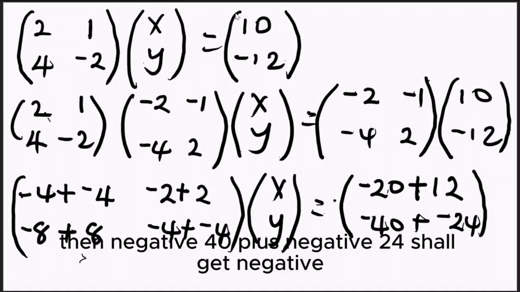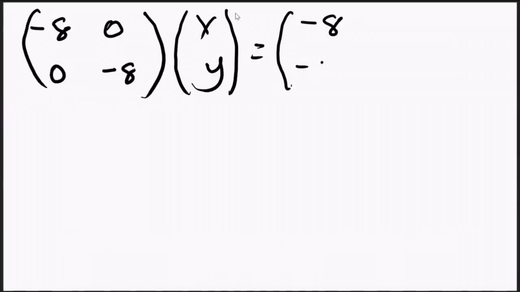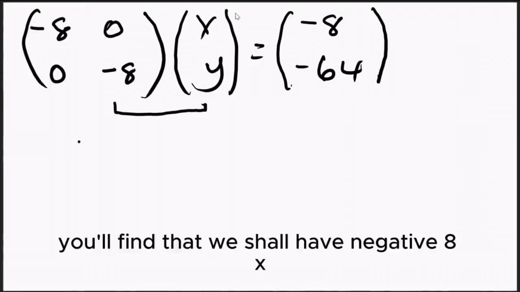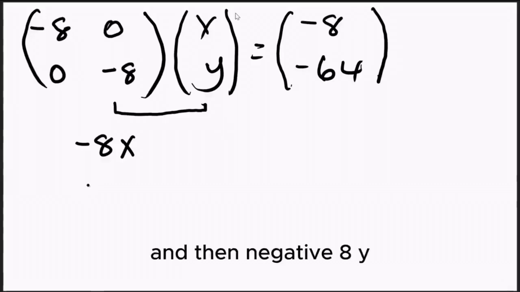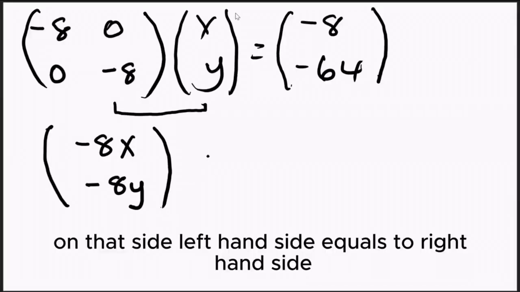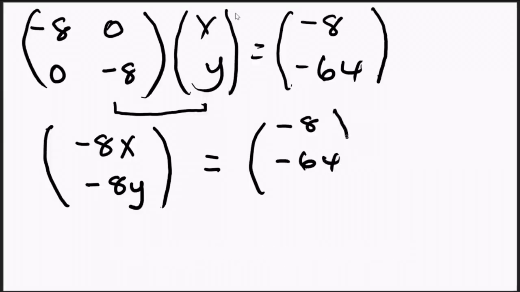Then negative 40 plus negative 24 we get negative 64. So if we multiply these two matrices again, you will find that we have negative 8x on the left hand side and negative 8y, equals to the right hand side, negative 8, negative 64.